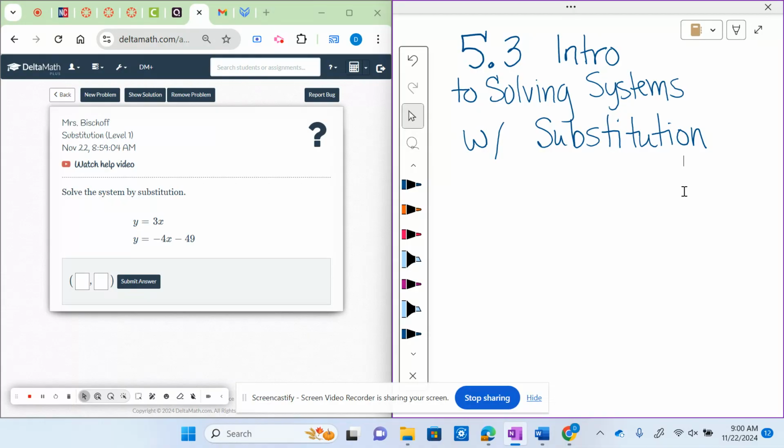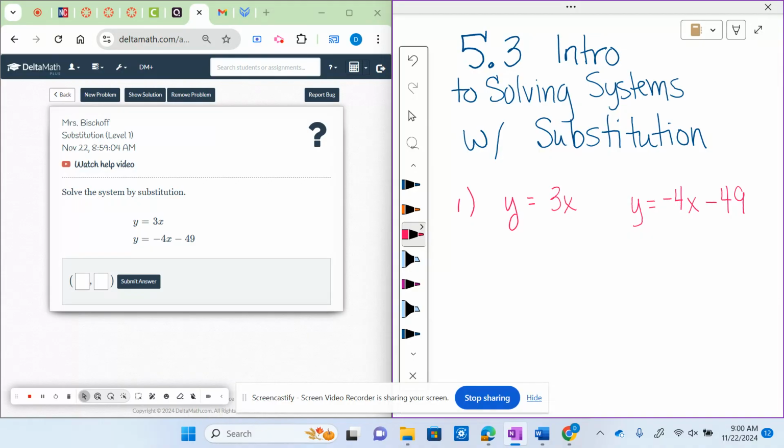All right, so your first question that we are going to do together, question number 1, has 2 equations. y equals 3x and y equals negative 4x minus 49. Again, we all have the exact same problems.